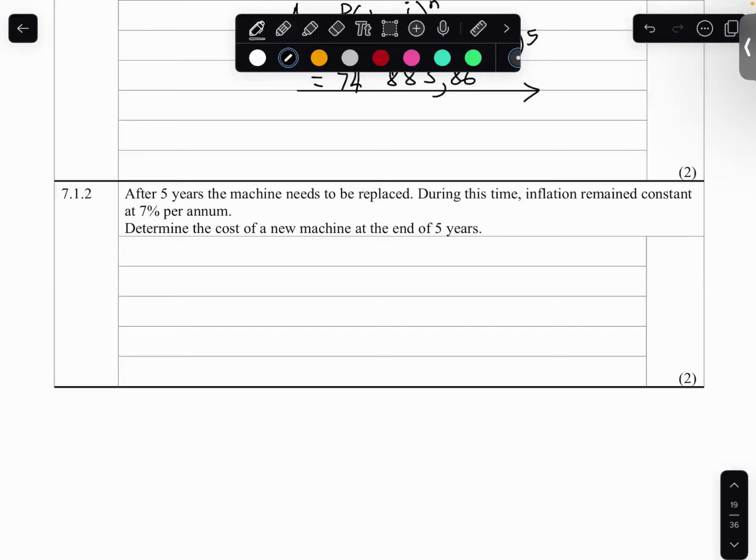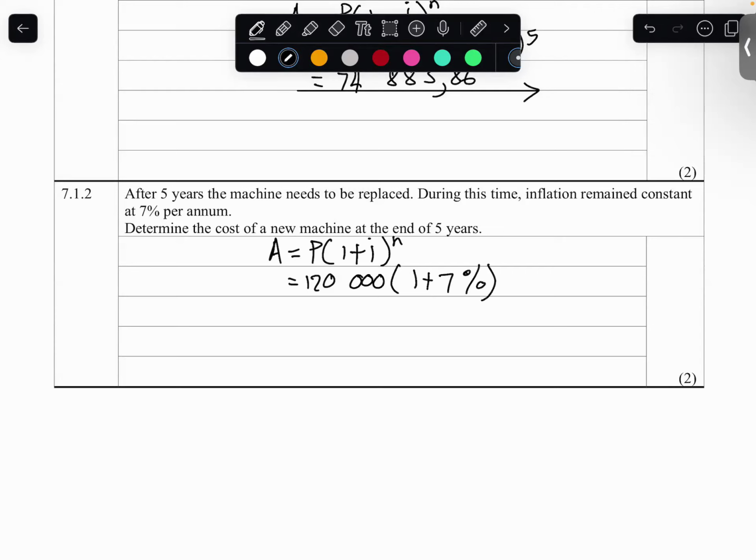Then it says after 5 years, the machine needs to be replaced. During this time, inflation remained constant at 7% per annum. Right, inflation is A is equal to P into 1 plus i to the power n. It's the compound interest formula, right? Determine the value or the cost of a new machine at the end of 5 years. It's still 120,000 into 1 plus the inflation rate is 7%.